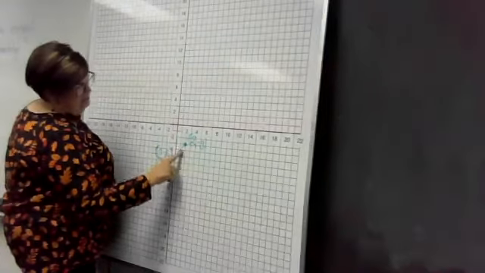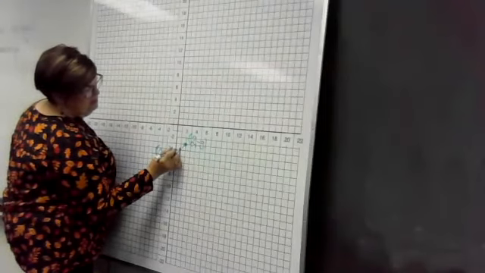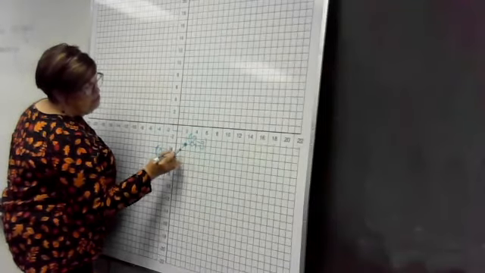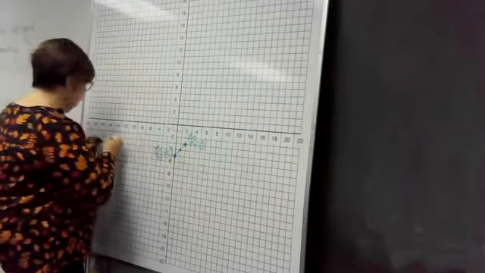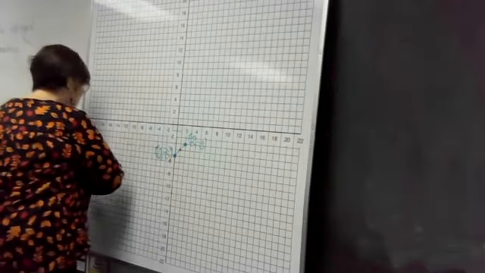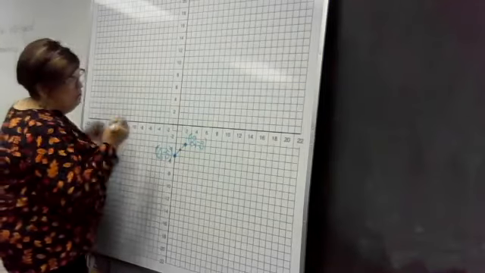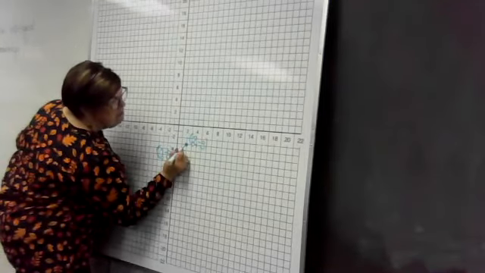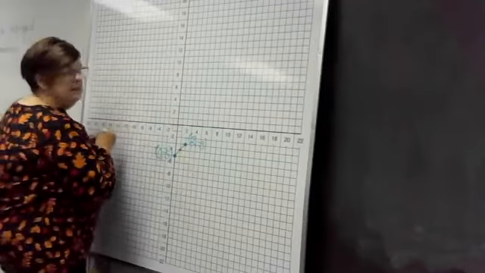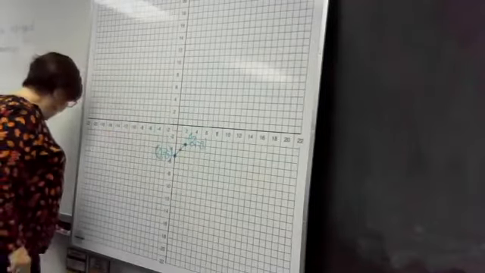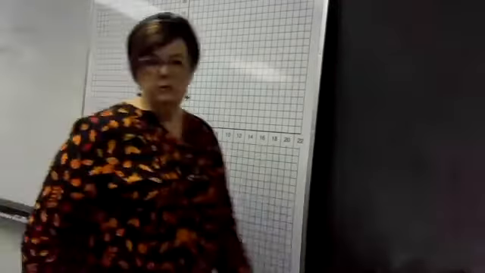Okay, it's more like here. But anyhow, what we're going to do is find out the exact coordinates that is exactly halfway between these two locations. And the way we're going to do that is use a midpoint formula. So moving back to the board, we're going to see how close we get.